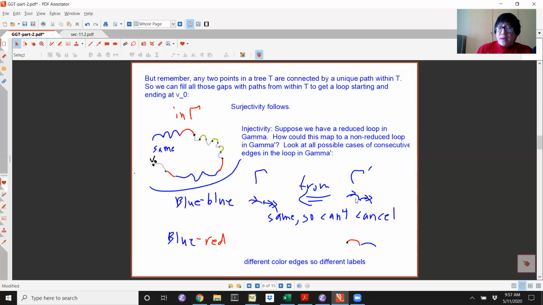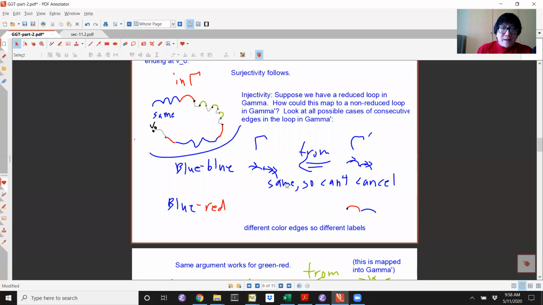Well, if you have blue, then those edges inject, literally, combinatorially, and so they can't cancel. I should have typed that out to begin with. Okay.